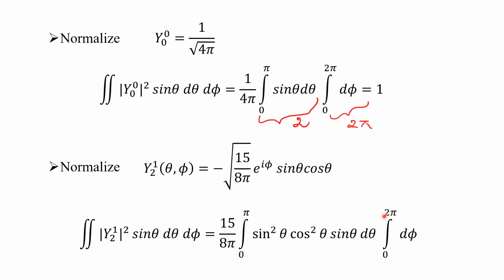If I integrate this between 0 to 2 pi, applying the maximum limit and the minimum limit, naturally this will be 2 pi. So this 2 pi will get cancelled with the 8 pi and it will become 4 in the denominator.